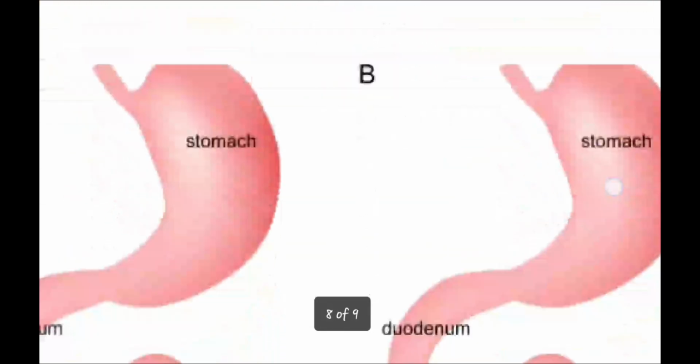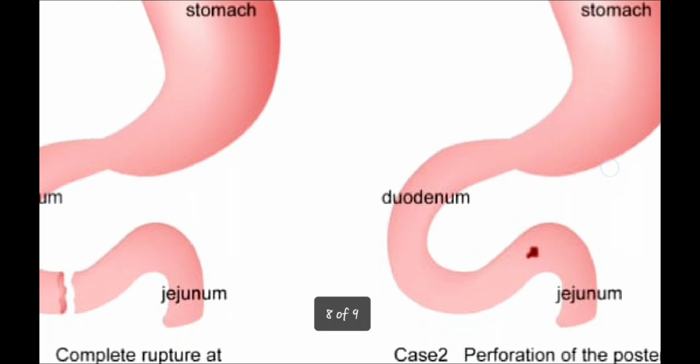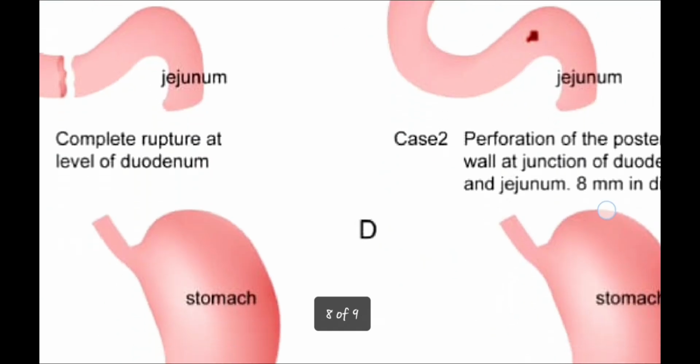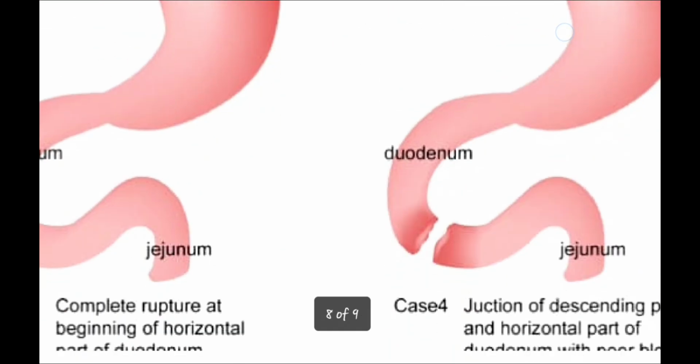So coming to the duodenal injury. Normally the third part of the duodenum usually gets injured. See, this is the complete rupture, and this is the perforation taking place in the duodenum, and the horizontal rupture.